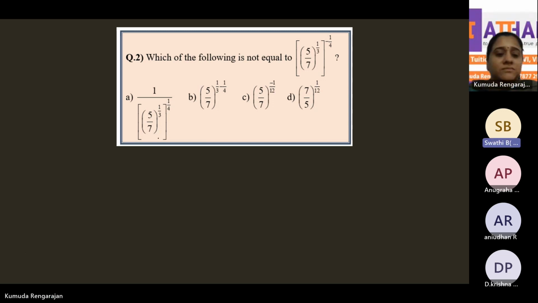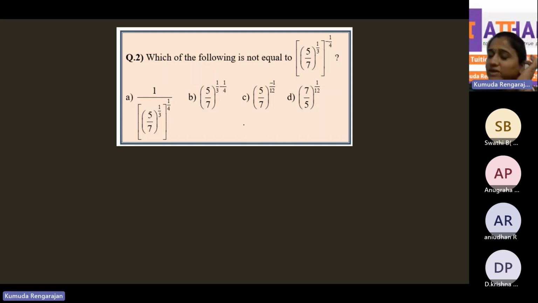Like A, if we multiply anything to the power 1, we get 1. And to change the negative power into a positive one, we must take its reciprocal. And C is 5 by 7. If we multiply the powers without changing the reciprocal of the base, we will get the answer as 5 by 7 to the power. Correct.